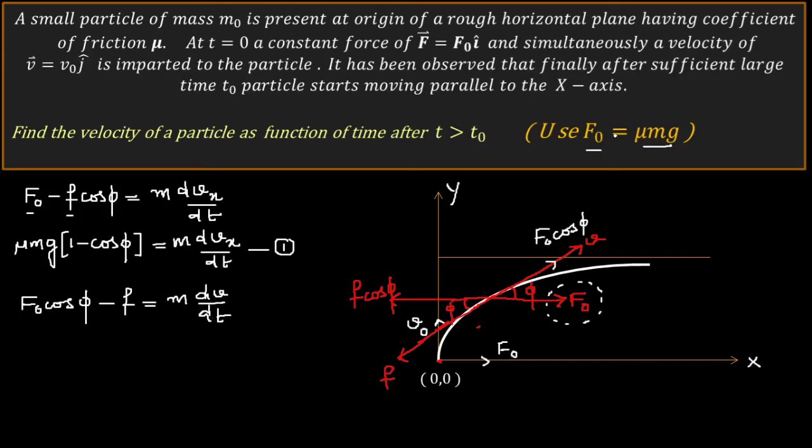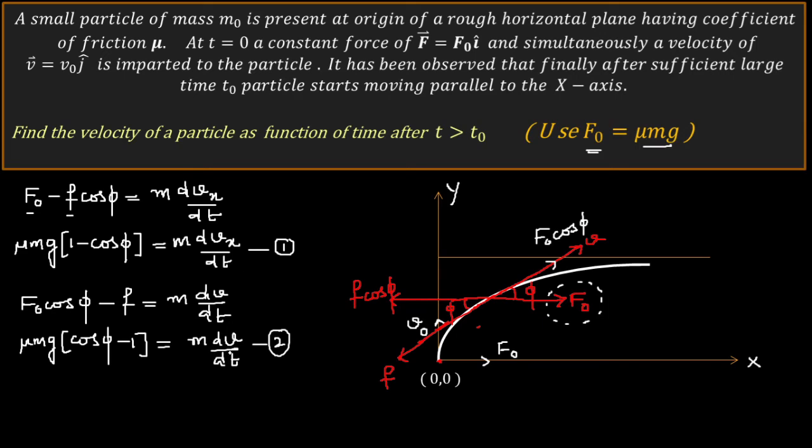Since F0 and F are mu mg, I can write this as mu mg into (cos phi minus 1) equal to m dv by dt. The difference between these two expressions is that the first is the equation for velocity along x only, and the second is for the net velocity.